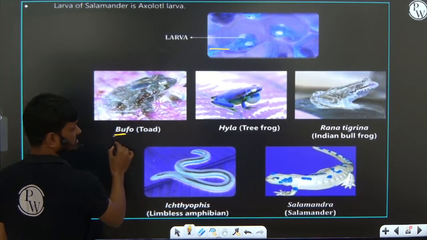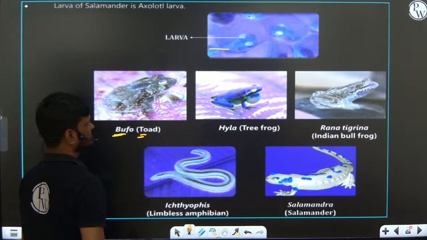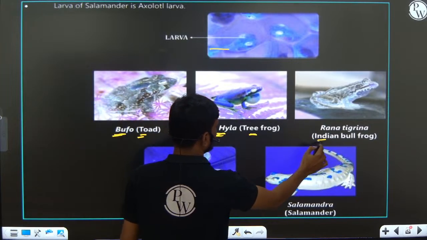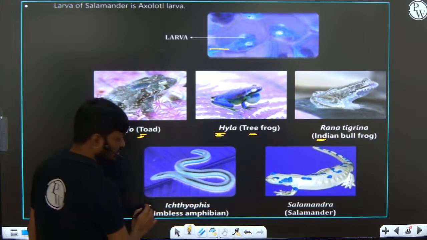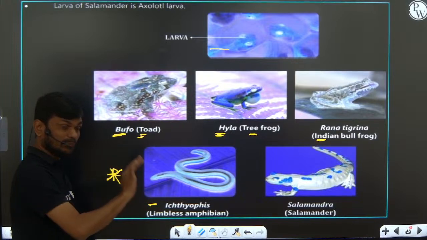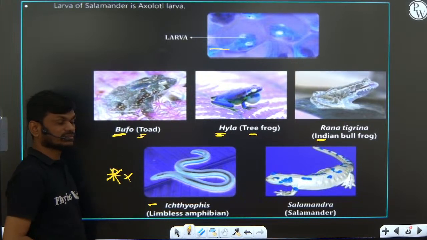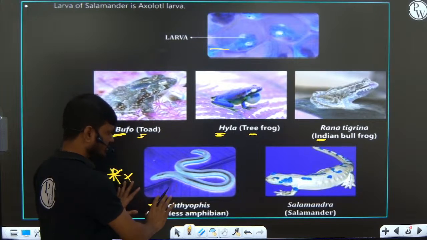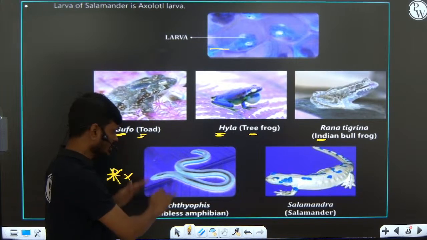Examples: Bufo, commonly called toad; Hyla, tree frog; Rana tigrina, Indian bullfrog; and Ichthyophis. This is a limbless amphibia. Important. Amphibia without limbs. I told you two pairs of limbs are present, but this is the animal in amphibia without any limbs.